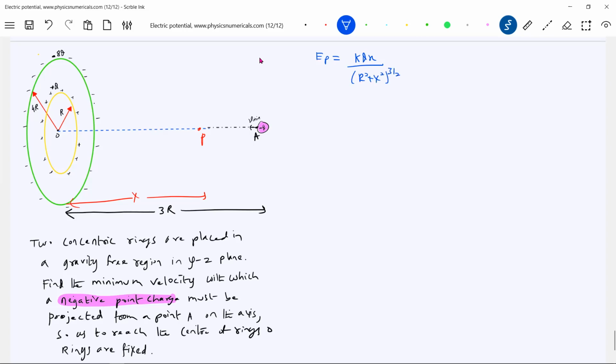Due to the positively charged ring, let me give the number 1, and the negatively charged ring as number 2. So the field strength here will be E1, and due to the negatively charged ring, E2 will be like this.